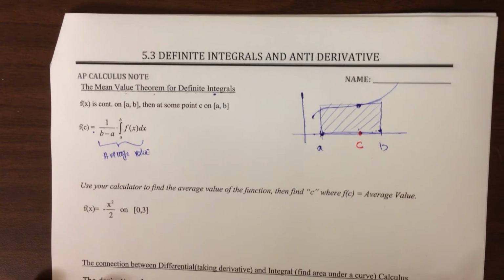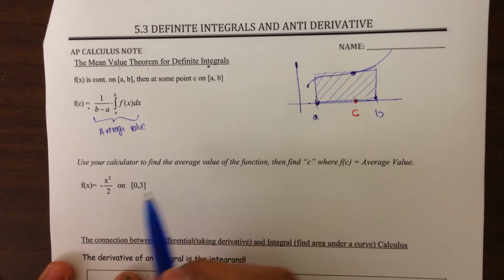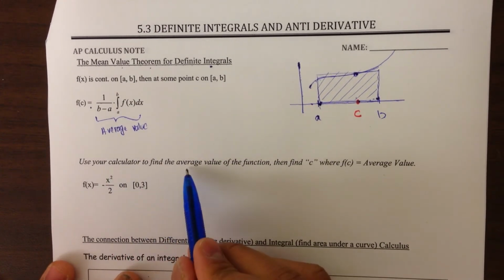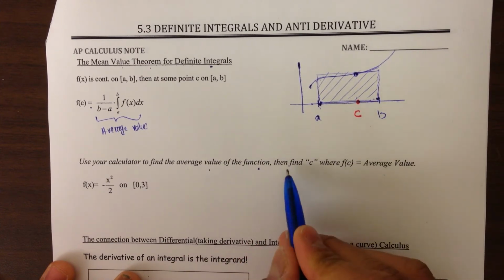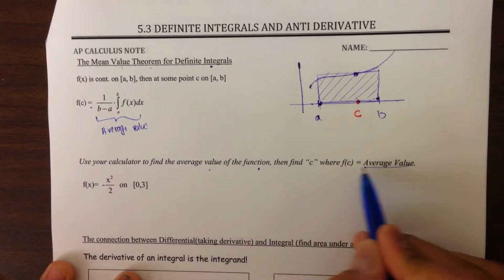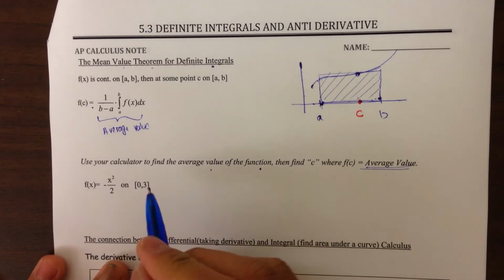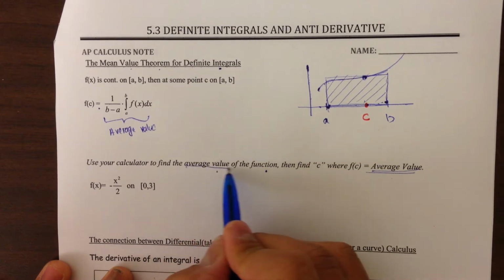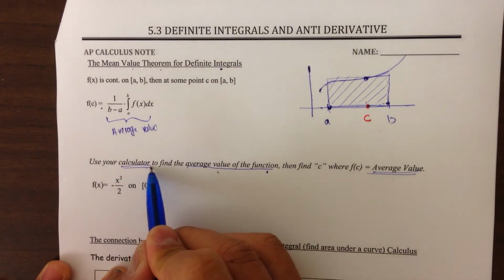So I'll take you through a problem that deals with the mean value theorem. Use your calculator to find the average value of the function. Then find c where the average value would exist. So first of all, I'm going to find the average value of the function, and we're using a calculator.